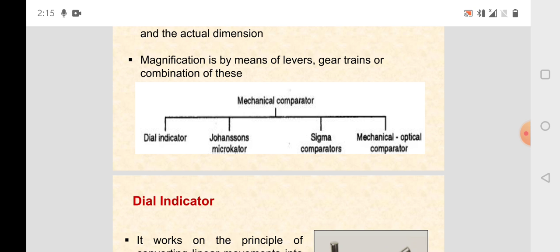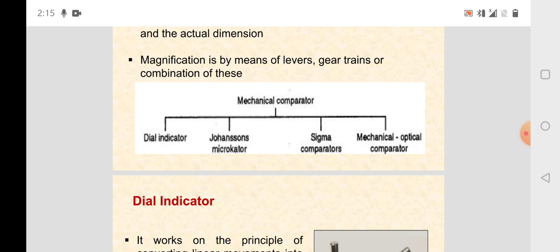But the basic principle is that the movement of the probe, because of the variation in the dimension, is converted into the movement of the indicator on the dial, and that gives you the difference between the actual dimension and the standard dimension. So all these four types of comparators we are going to see as mechanical comparators.